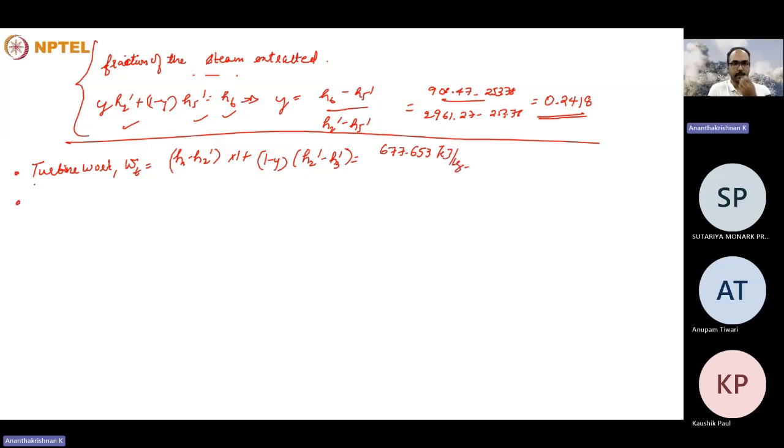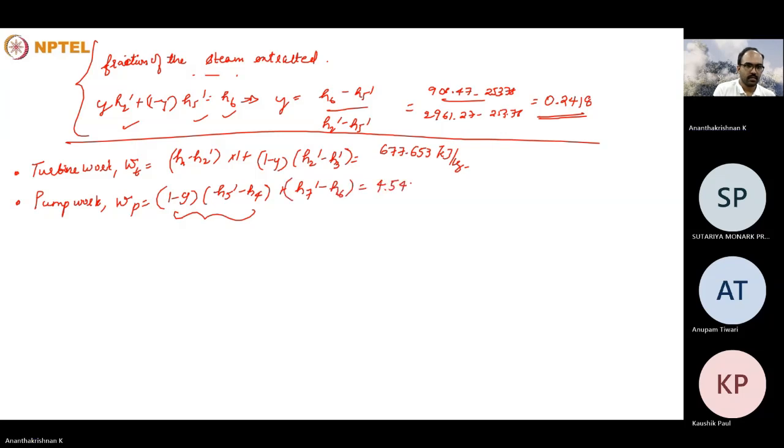Similarly, the pump work will be equal to 1 minus y into h5 dash minus h4, that is the lower pump, plus h7 dash minus h6. So the turbine work is done, pump work is done.